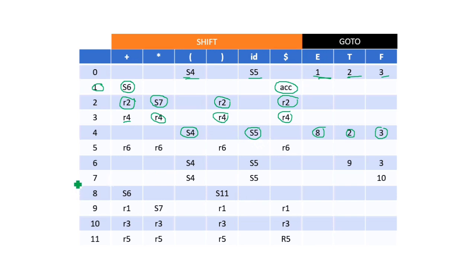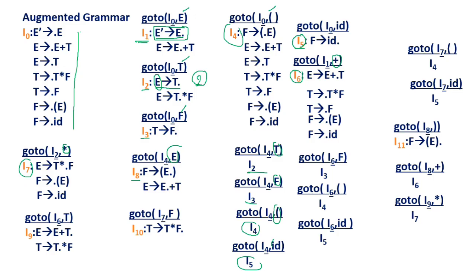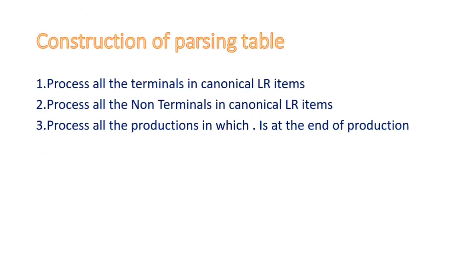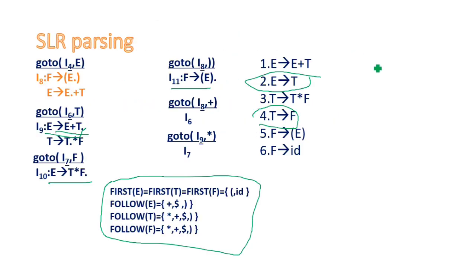And when we come to item set 5, we see that there is no go-to here, but we have a production where the dot is at the end. So we have to find the follow for F. Follow for F is plus, star, close brackets and dollar, and F tends to ID is production number 6.